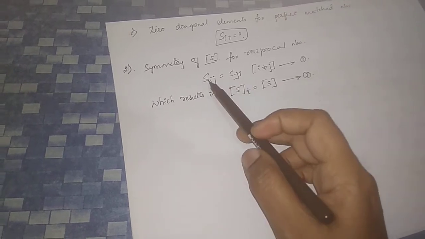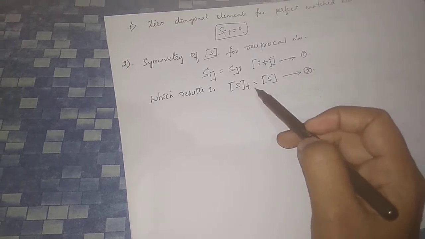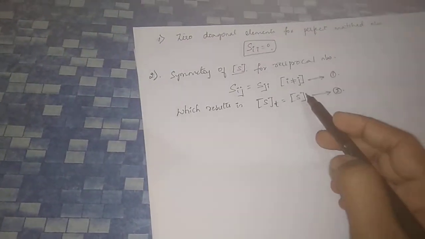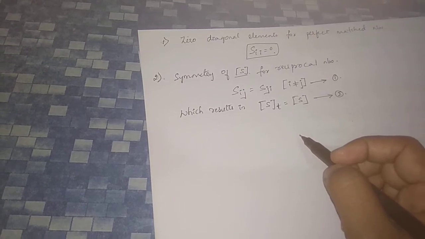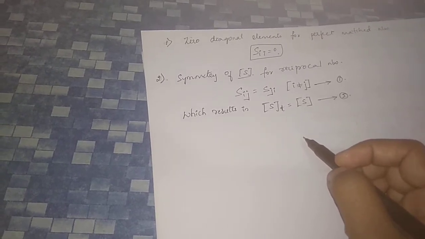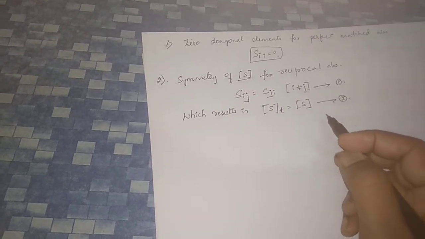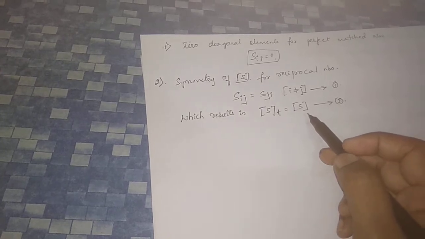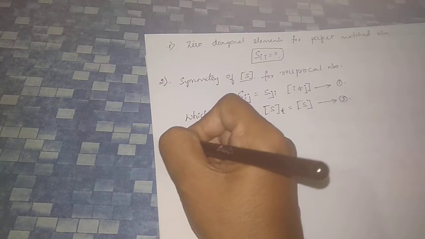That means Sij will be equal to Sji, which results in S transpose equal to S. So a reciprocal network has the same transmission characteristics in either direction of a pair of ports and is characterized by a symmetry of the scattering matrix. Okay, so how can we prove this one?